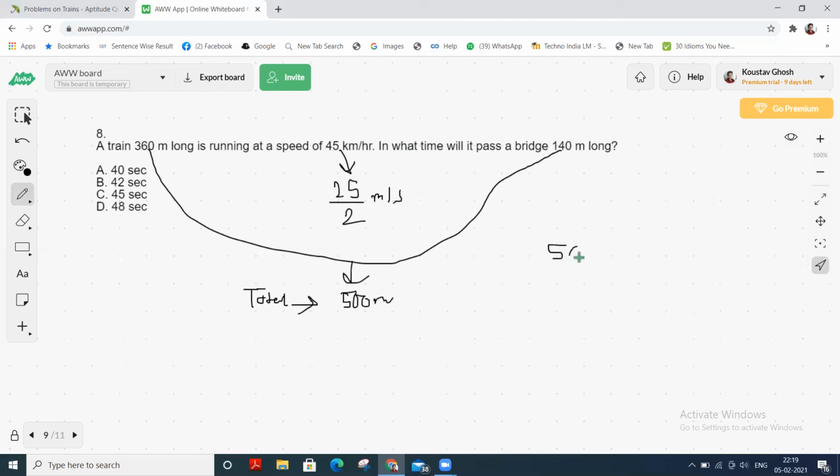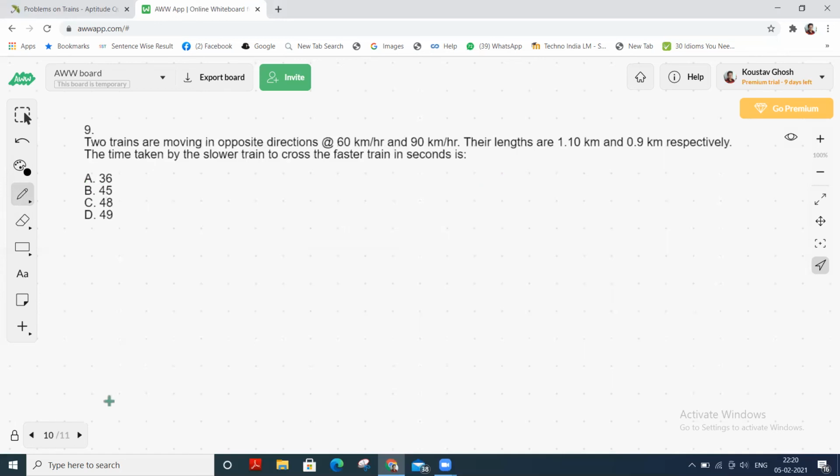So the distance is 500 meters and the speed is 25 by 2, so 500 times 2 by 25, that is 40 seconds. It's a very easy question. Now the next question.